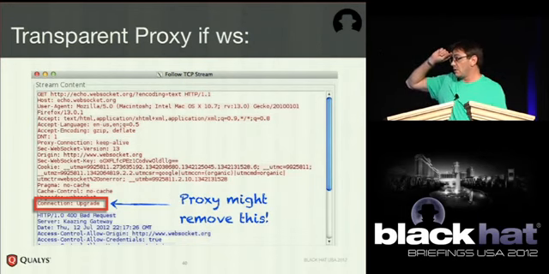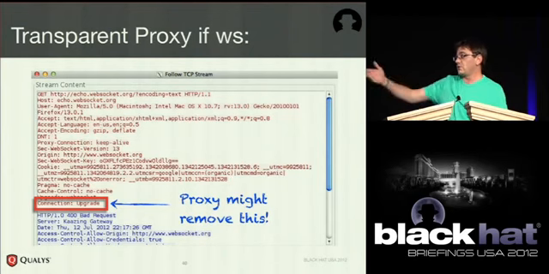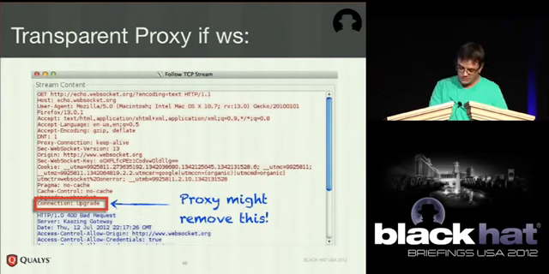And on the other hand, the WebSocket protocol requires this connection upgrade. So if a proxy is not aware of WebSockets and doesn't know that it shouldn't strip off the connection upgrade, the server would just reply with 400 because it's an incomplete handshake request.